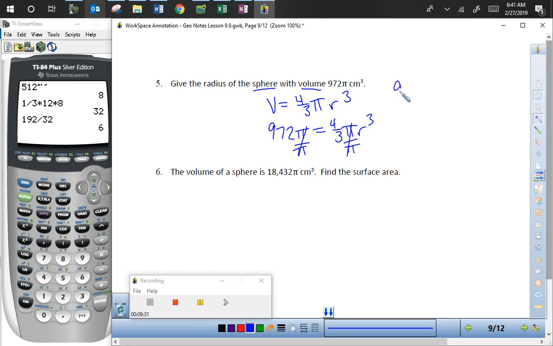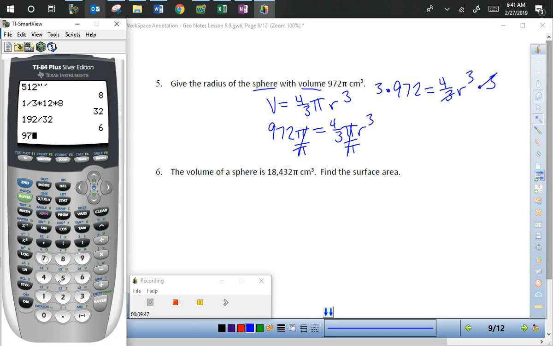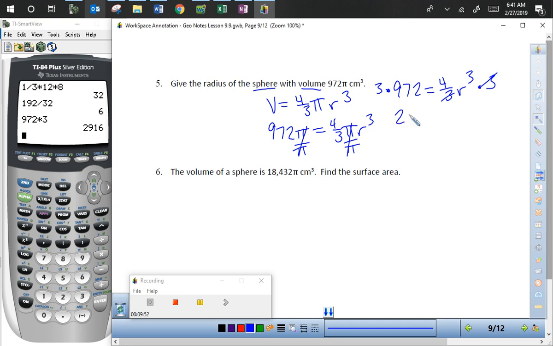So then we have 972 equals 4/3 r cubed. To get rid of this fraction, we've got 4 divided by 3, so we'll multiply by 3 first. That gets rid of that. So 2,916 equals, now we're just left with the 4r cubed. We can divide by that 4.